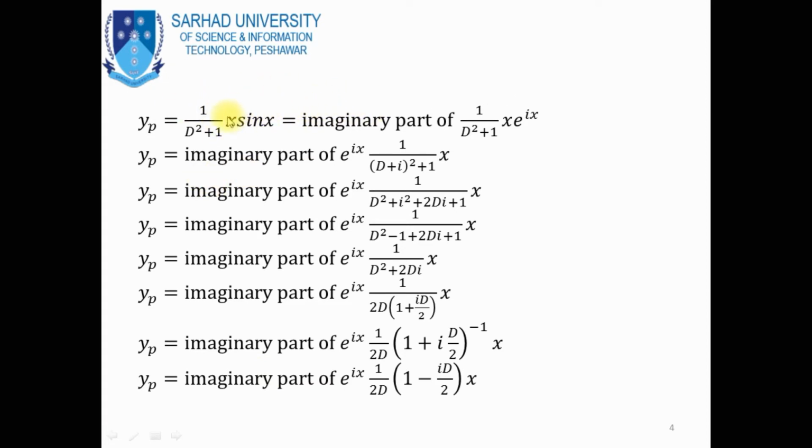The particular solution 1 over (D square plus 1) x sine x is equal to the imaginary part of 1 over (D square plus 1) x e power iota x. So when sine x is multiplied with a polynomial, we write the imaginary part, and when cos is multiplied with the polynomial, we write the real part of this expression.